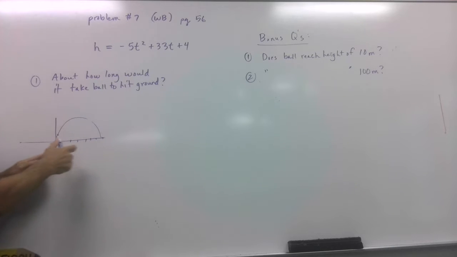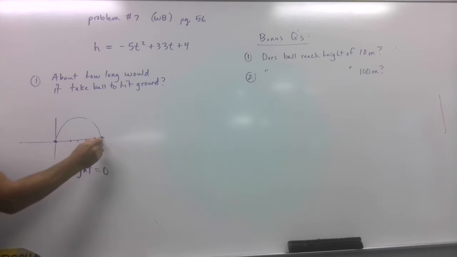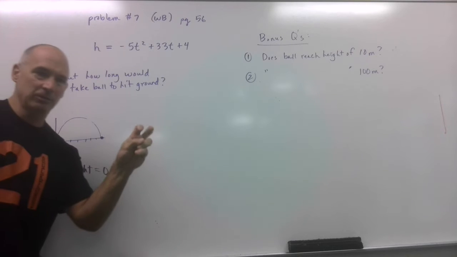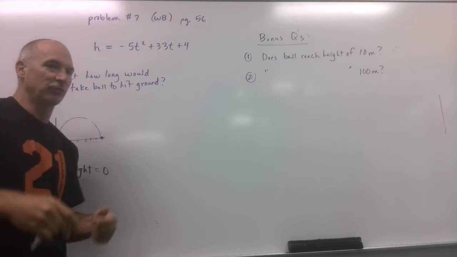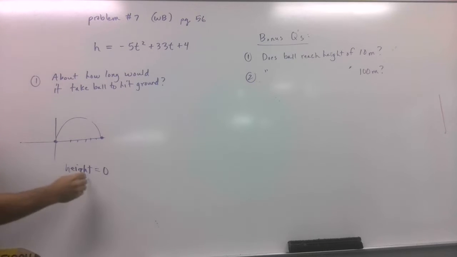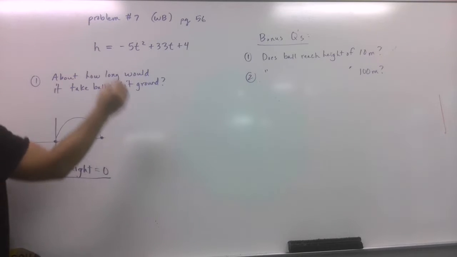All I'm saying is there are two places where the height is 0, right here and right here. These are our zeros. They're x-intercepts. That's why they're so significant in these story problems. That triggers our thought process. We have to set h equal to 0.